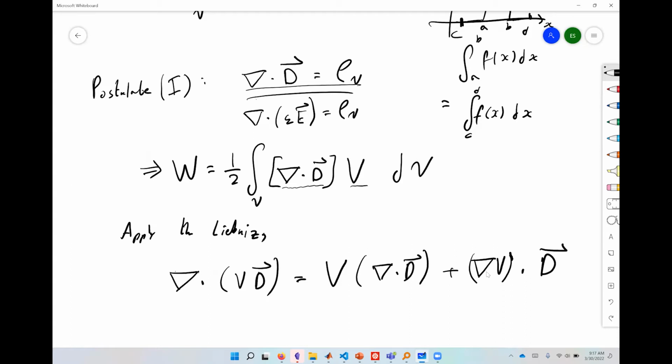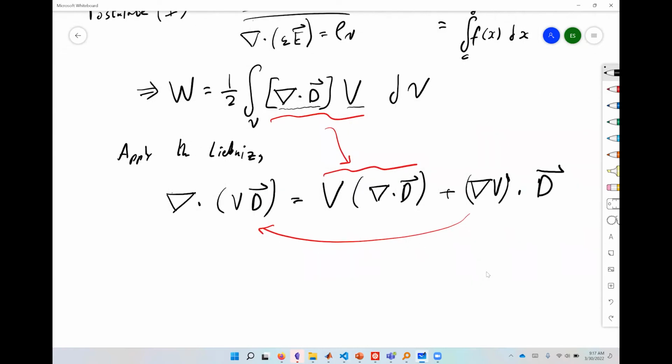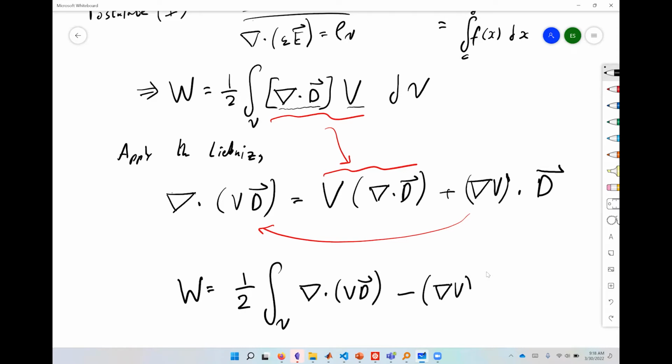You can move this to the other side, and we get V divergence D equals divergence of V D minus gradient V dot D. So I can rewrite the integration: W equals half integration over V of divergence V D minus grad V dot D, dV. Again, this is across all of space.